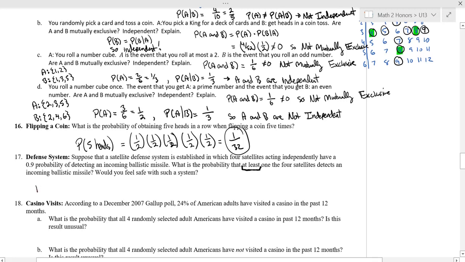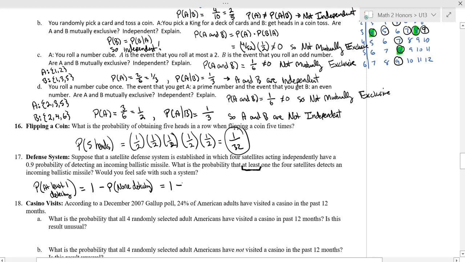Okay, so the probability of, in this case, at least one detecting is equal to 1 minus the opposite, the probability of none of them detecting, all of them failing, right? Which is 1 minus, well, there's 4 satellites.